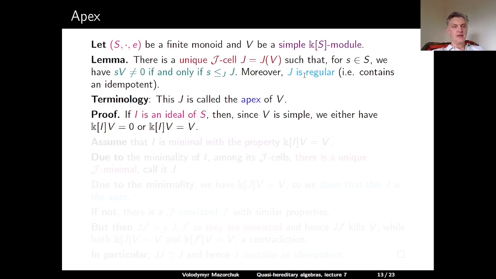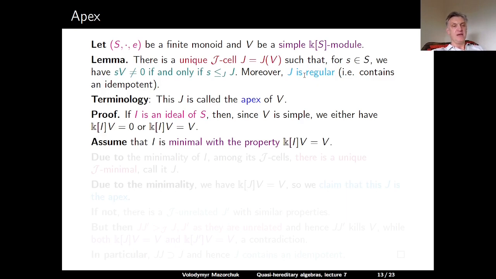Proof: if I is an ideal of S, then, since our module V is simple, applying the linearization of I to V, of course, gives a submodule, and so this submodule is either 0 or the whole module V itself.